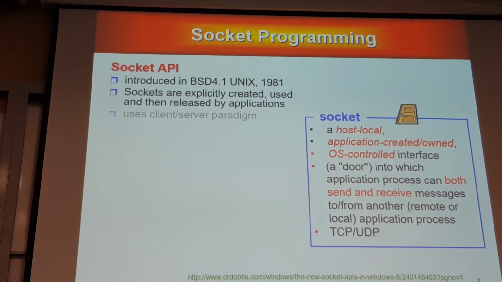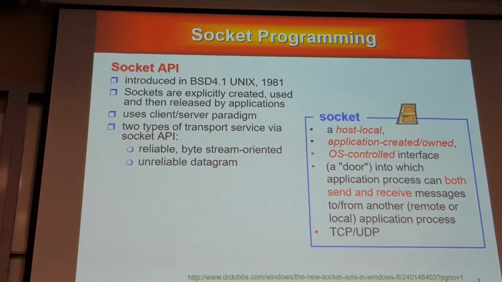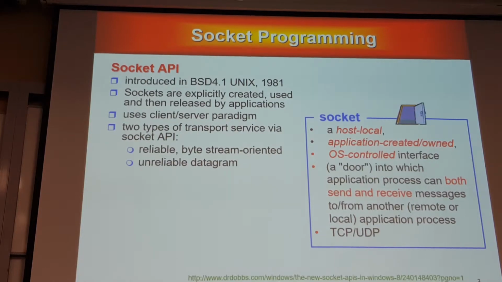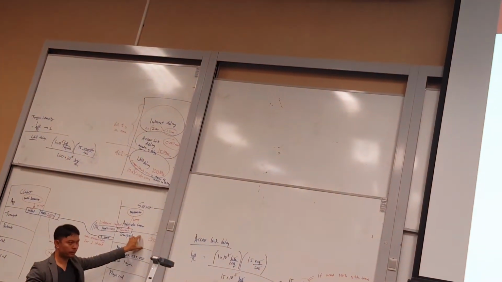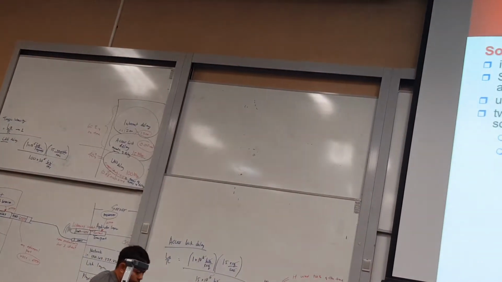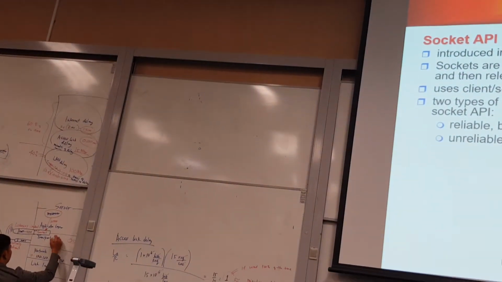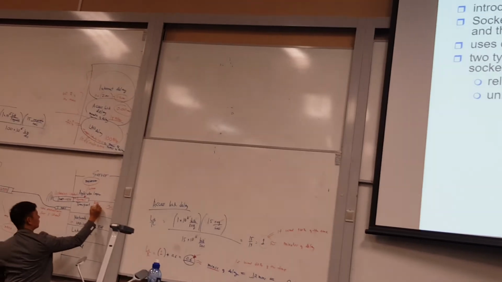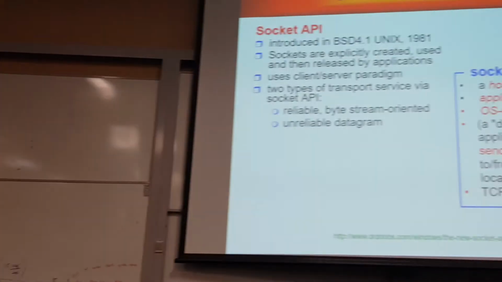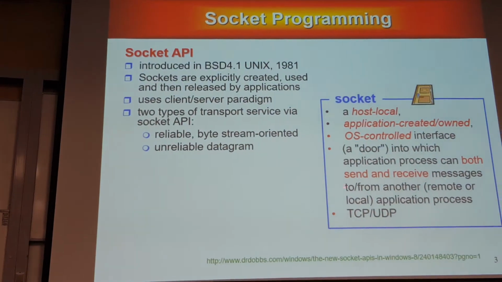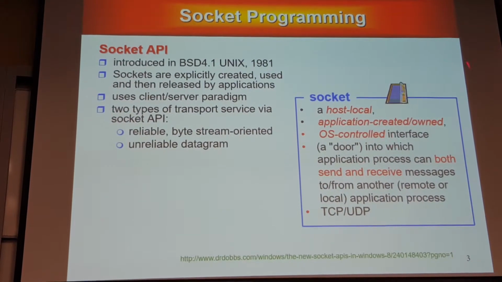The socket lies in between the application layer and the transport layer. It can be TCP, it can be UDP. It is controlled by the operating system, so the API is implemented by the operating system itself. And we're just calling these functions. So it serves as a gateway to the outside world, both for sending and receiving.